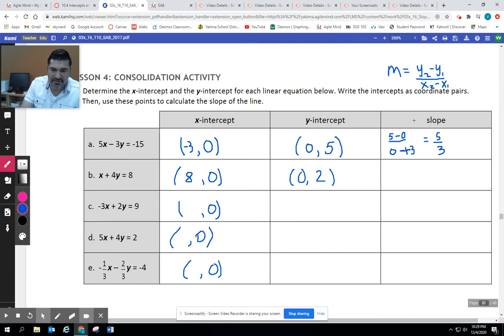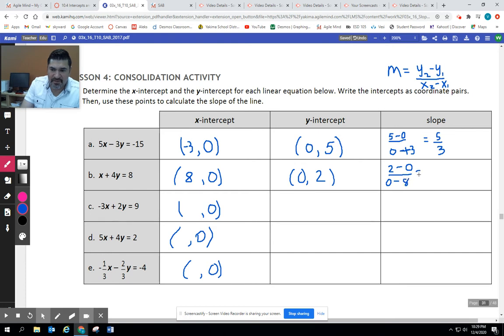Okay, so then you will do the same thing to find the slope. You got y2, which this is y2, 2 minus 0. And now we have the x values on the bottom. So x2, which is 0, minus x1, which is 8.